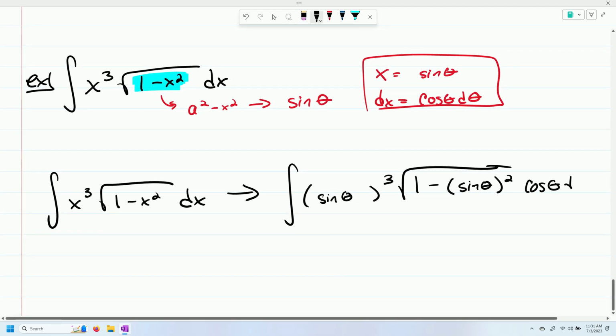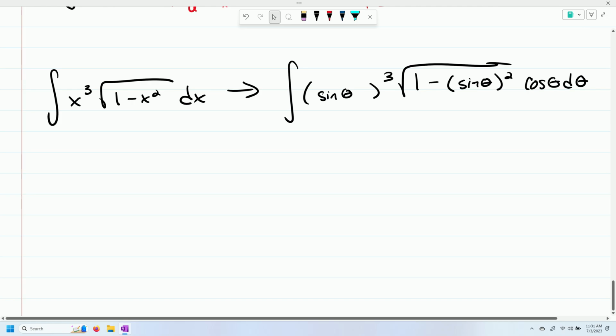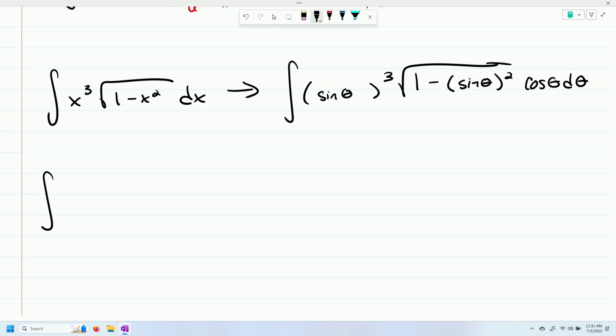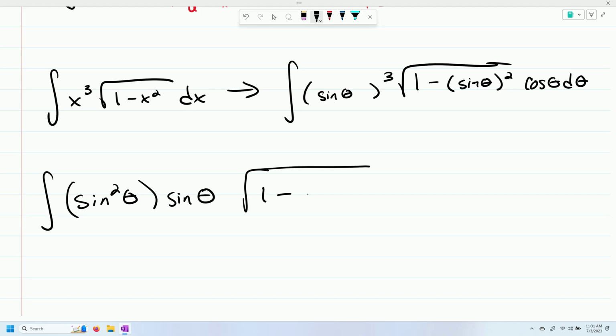Now, it all comes down to just simplifying things, okay? So the first thing I'm going to do is take that sine theta to the third power, and separate it into sine squared theta times sine theta, underneath my radical. We end up getting 1 minus sine squared theta times cosine theta d theta.